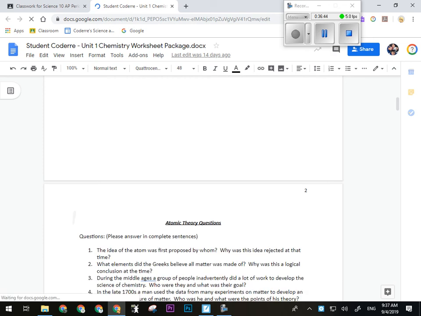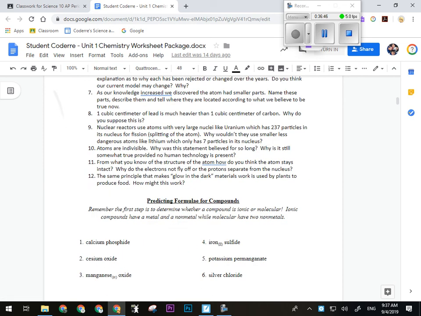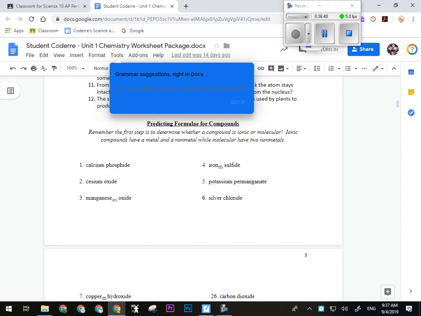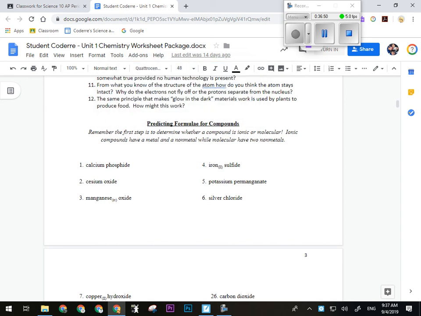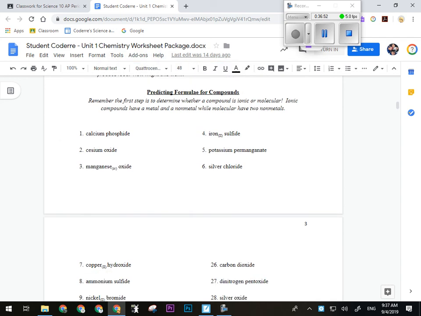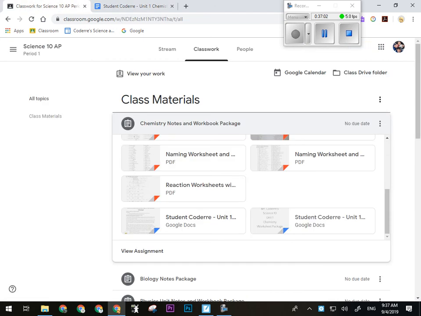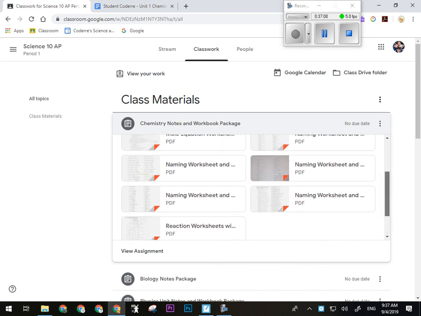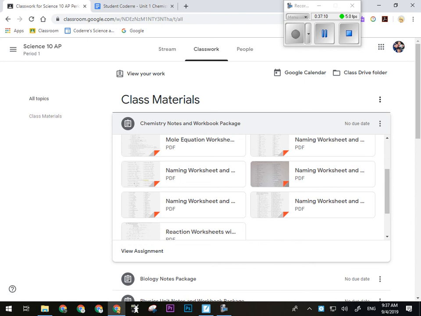Okay, we've already done the atomic theory questions, so we can skip past those. All right, so the first worksheet is writing the formulas for these names. So you can start on those, and you can check them as you go because the keys are in here. You just have to find the right key. I think it's this one.